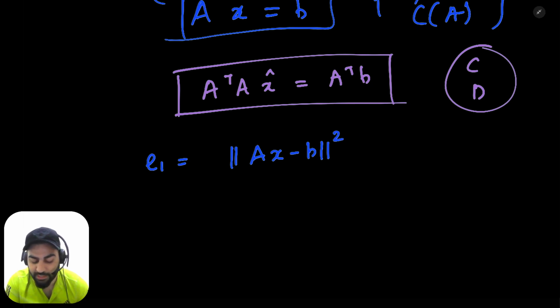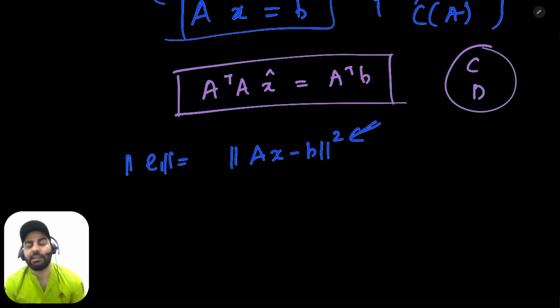We'll just square it, so that if some value is negative we make it positive. This squaring has a different meaning as well, but for now, just take it that we don't want negative and positive values, we want all the values to be positive.